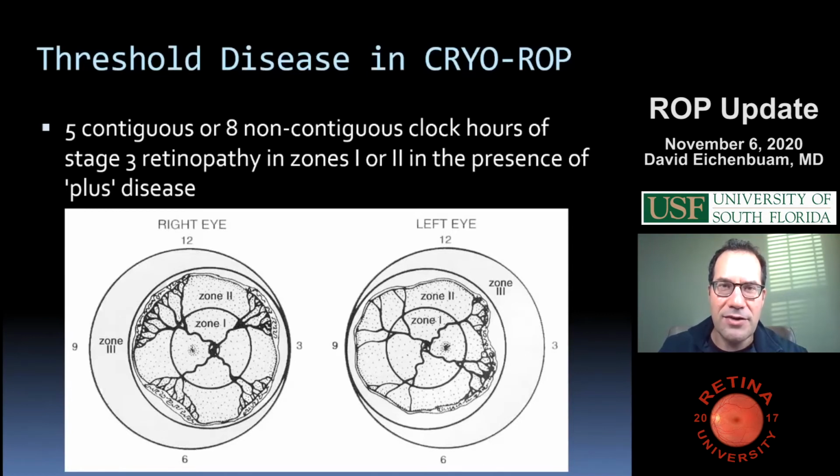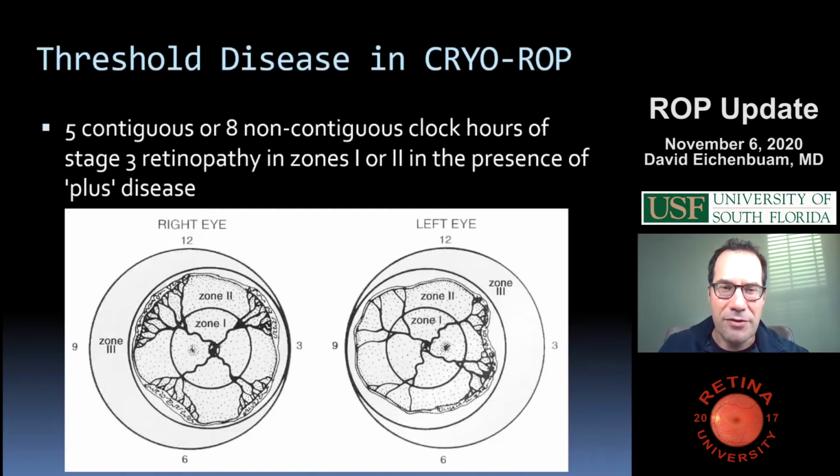It's 5 contiguous or 8 non-contiguous clock hours of stage 3 retinopathy in zones 1 or 2 in the presence of plus disease. So location, zone 1 or 2, extent, 5 contiguous or 8 non-contiguous clock hours, severity, stage 3, presence of plus disease. Location, extent, severity.